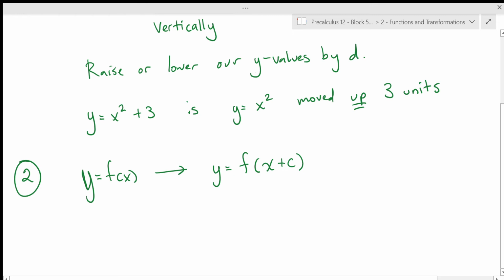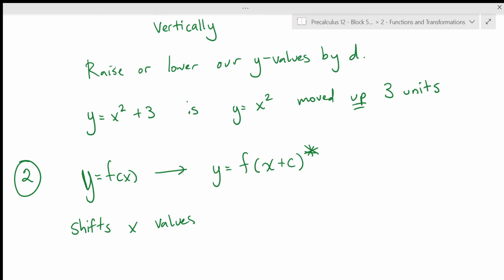So you have to be a little careful here with this one. So this shifts x values left, if c is positive, if it's actually x plus c, or right. So it works in the opposite of the way our y translations work.